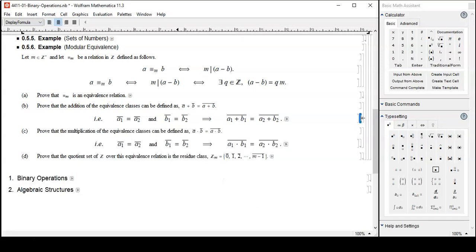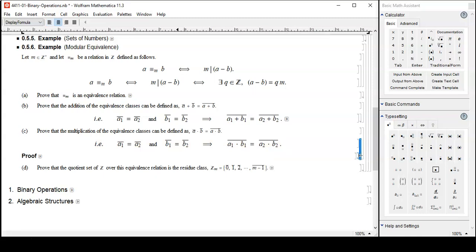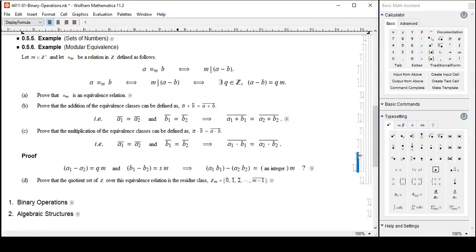How about the next problem? How do you set up? These two are related, and these two are related, then these two must be related. Happy with this setup?